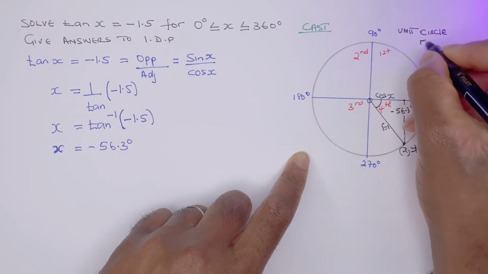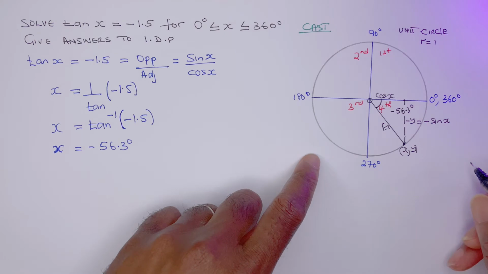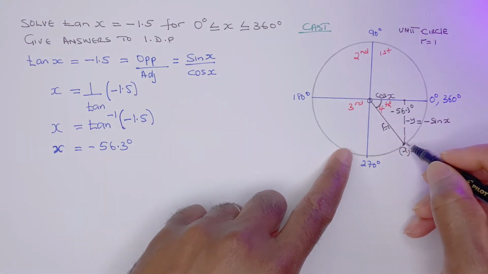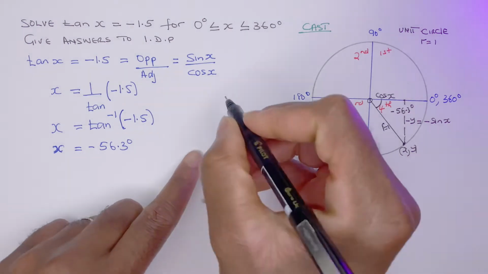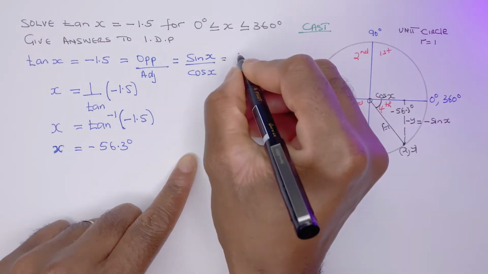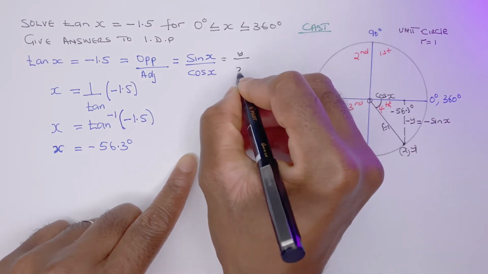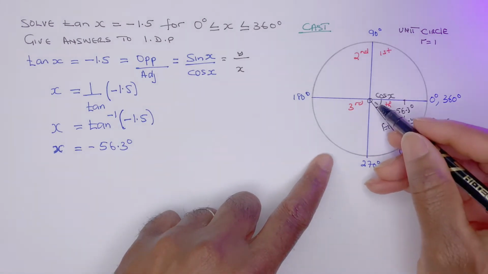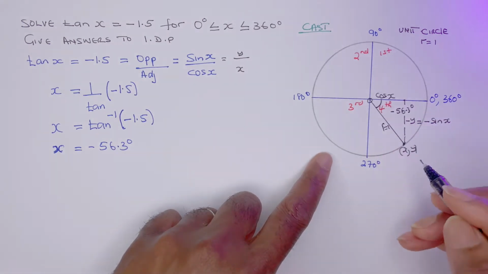And what I meant is radius equals 1. And this is positive x, this is negative y. And y is always sine. You can see the opposite here is y, and the adjacent is x, and the hypotenuse is radius.